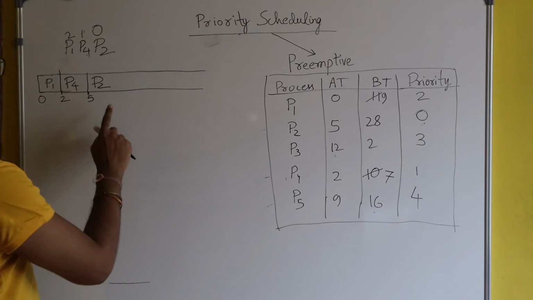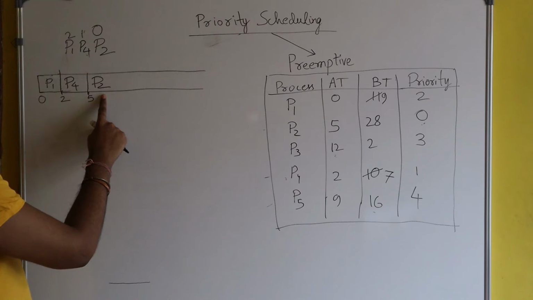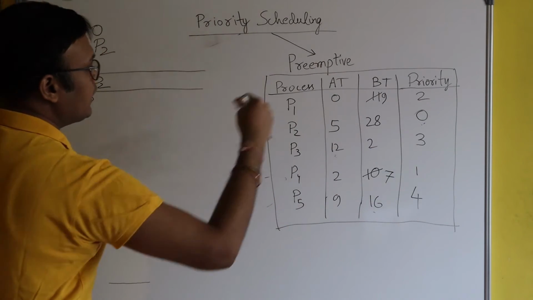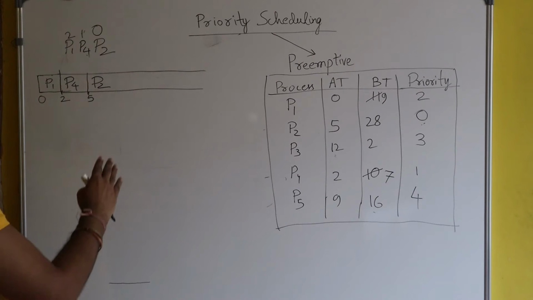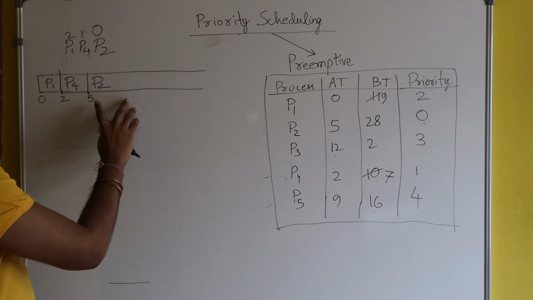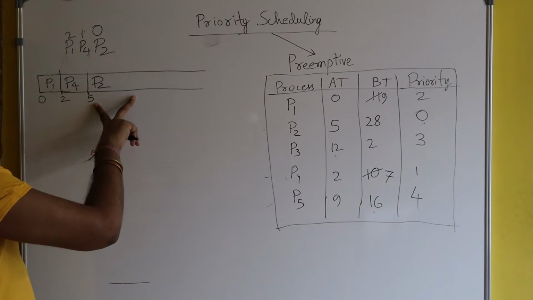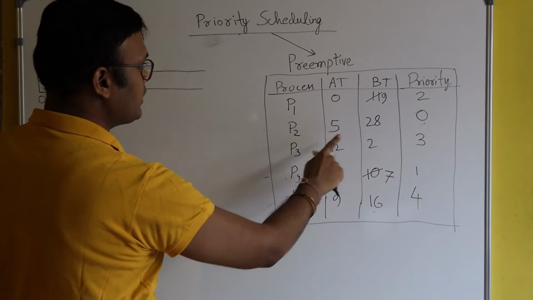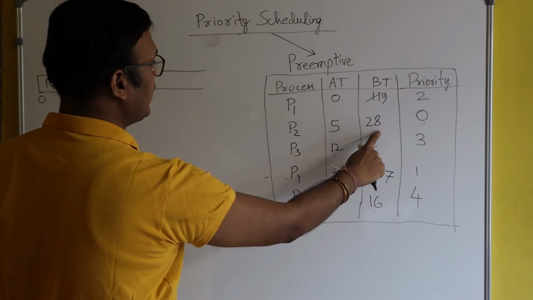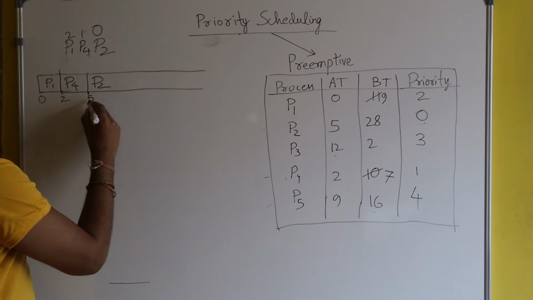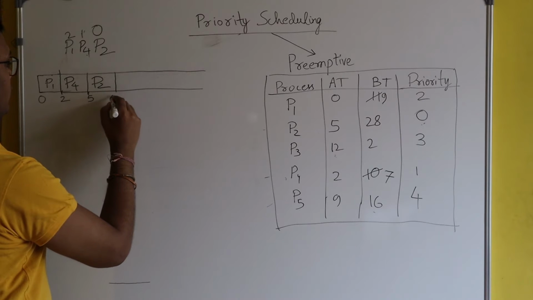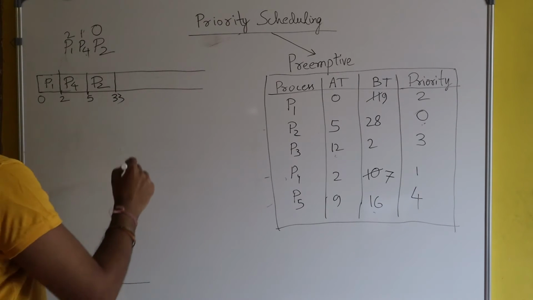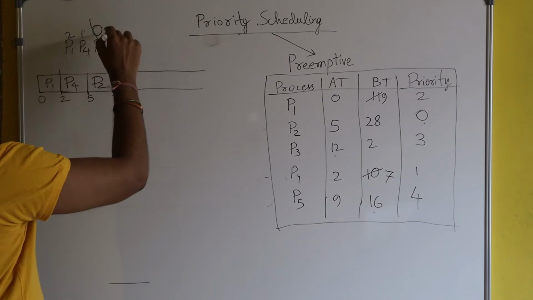Since P2 has the highest priority among all the processes in the table, without thinking too much you just run P2 completely. The burst time of P2 is 28 seconds, so 5 plus 28, 33. P2 will fully run here, so the task of P2 is over.